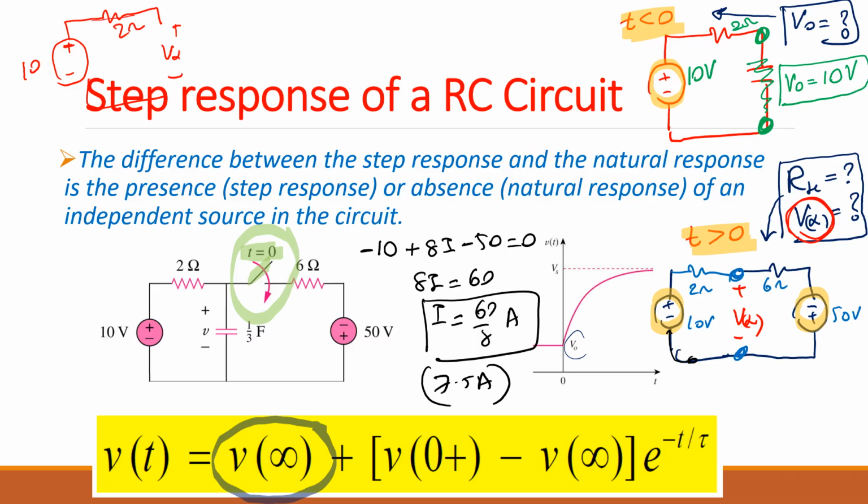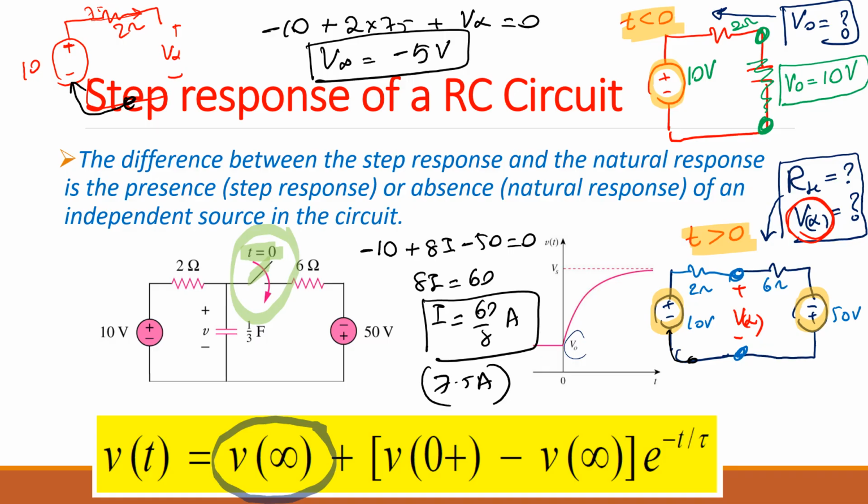The current going this way is 7.5. So if you apply KVL to here, you have negative 10 plus 2 times 7.5 plus V infinite is equal to 0. So you can say V infinite is negative 5 volts. If you do it for the other side also, you get negative 5.